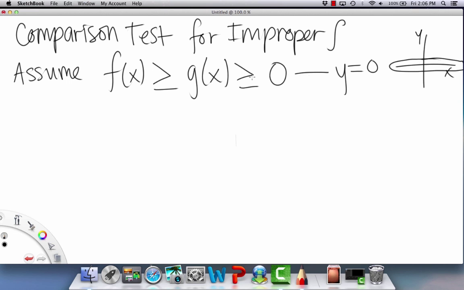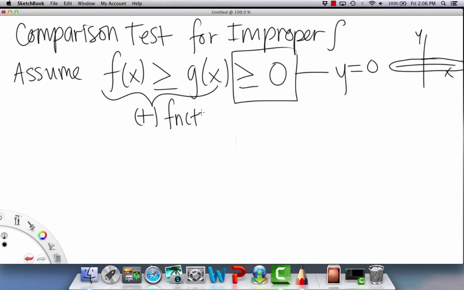This part just means that f of x and g of x all stay above the x-axis. They're all positive. So these are positive functions.